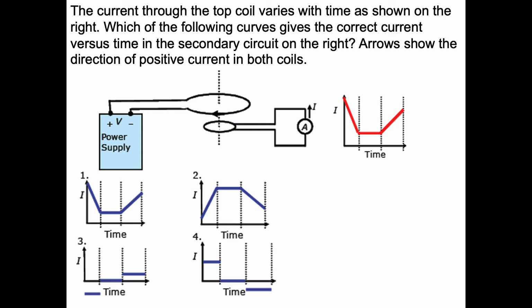Does that make sense? Yeah. And it's decreasing, right? Yes. So in the bottom loop, you need to produce a magnetic field that's increasing downward, right? Yes.